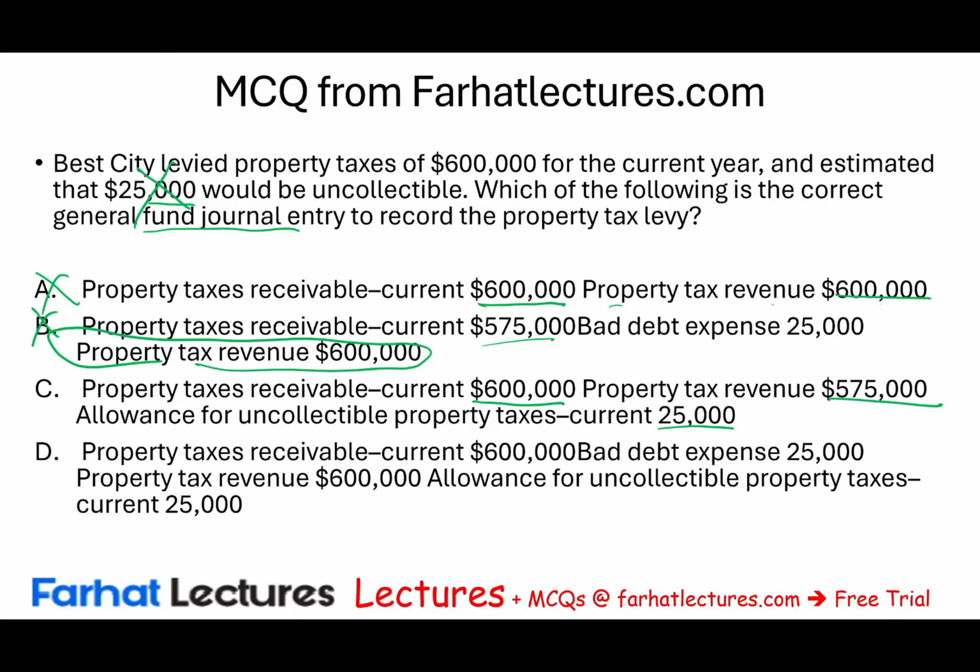Yes. So we debit the property tax receivable 600,000, credit revenue 575, and credit allowance 25. D, property tax receivable 600, bad debt expense 25, property tax revenue 600,000? No, because property tax revenue cannot be 600,000. So the answer is C as in Charlie.